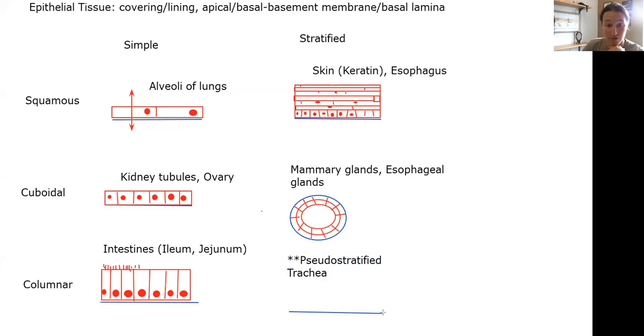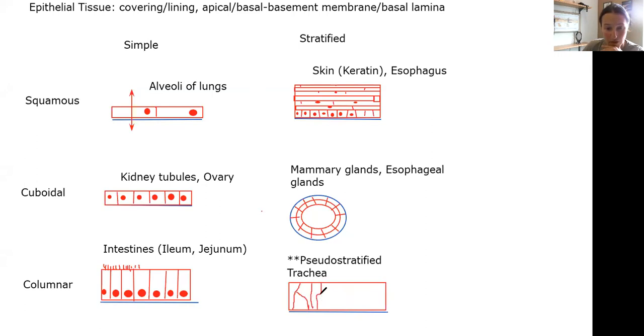Well, as always, we have a basement membrane, but this time, instead of having a nice, organized layer of columnar cells, now the cells are a little bit more unorganized, right?